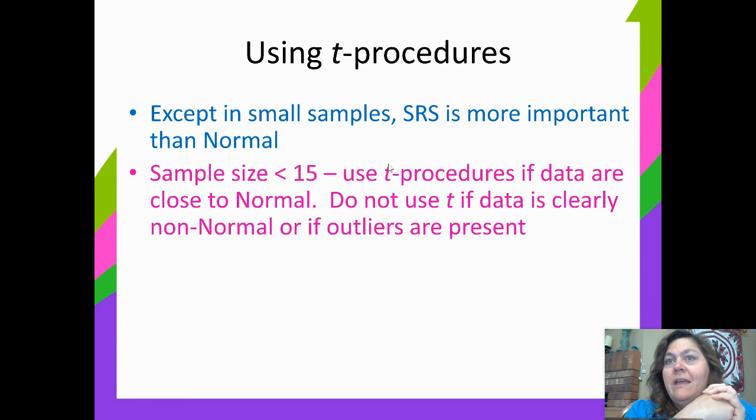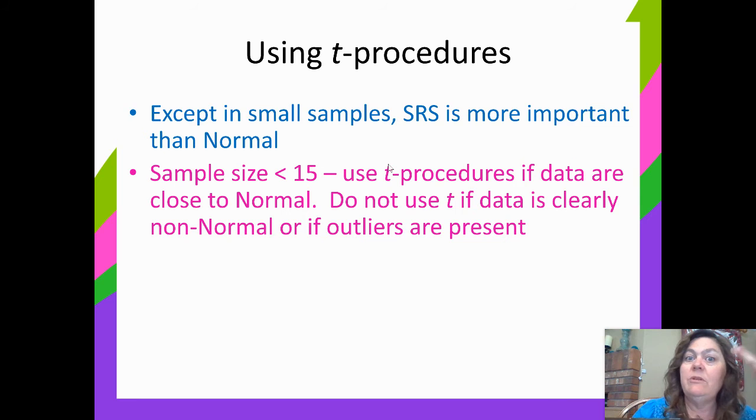All right, here's the parameters that are given to us. Sample size, if it's less than 15, use T procedures only if your data is close to normal, if it's really close to normal. Do not use T if data is clearly non-normal or if there's any outliers.